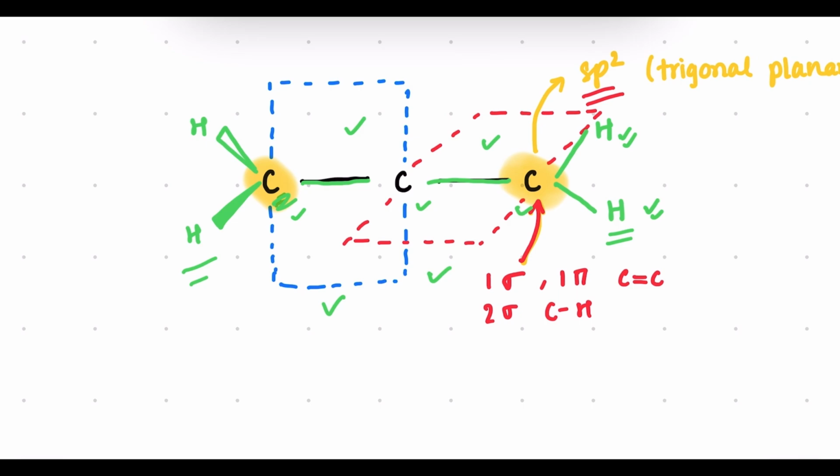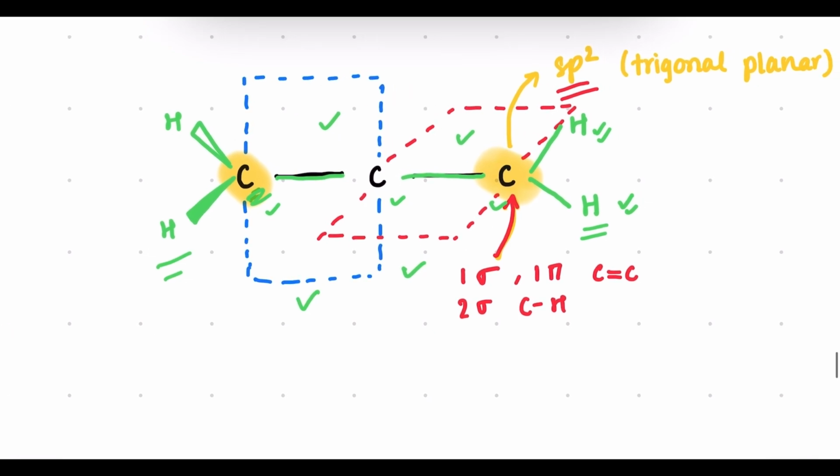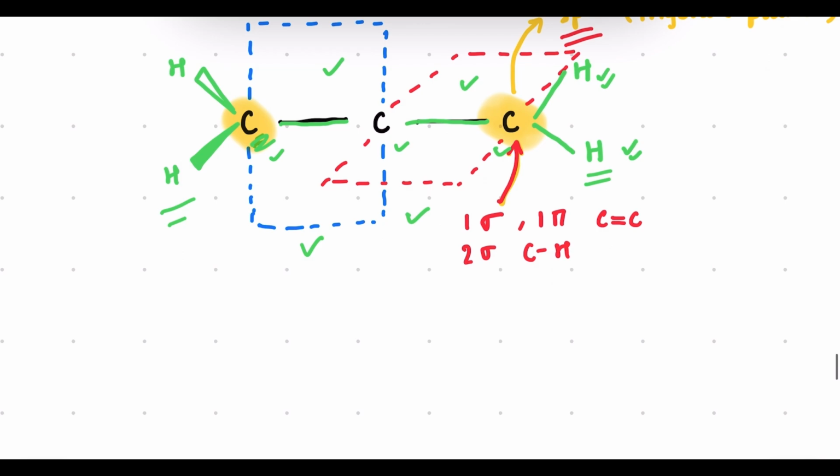Now, one thing that you want to remember here is that this compound does not show geometrical isomerism. So no GI. And that's because this hydrogen and these hydrogens are not in the same plane.